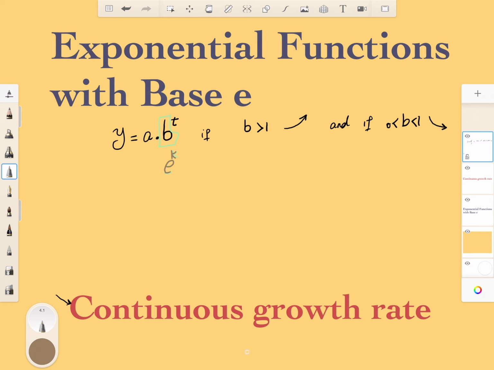The new formula will be y equal to a times e to the power of k, which is b, to the power of t. This will be a e to the power of k times t. So for continuous growth rate, we use this formula.